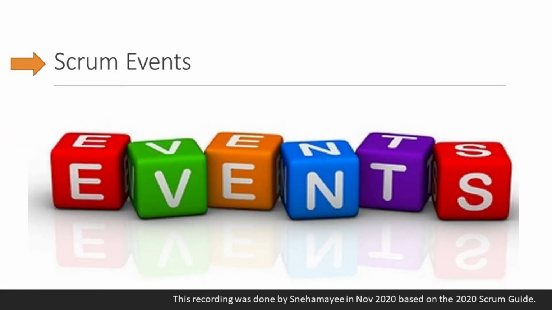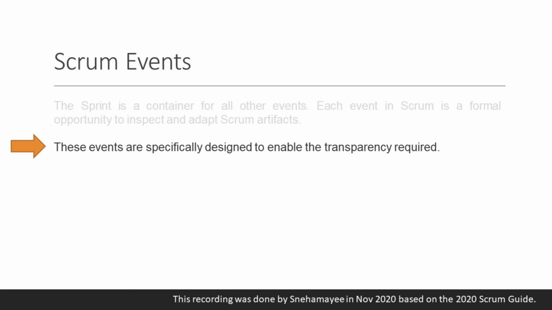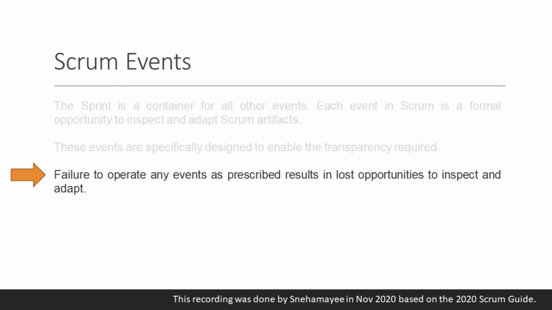Scrum events. The sprint is a container for all other events. Each event in Scrum is a formal opportunity to inspect and adapt Scrum artifacts. These events are specifically designed to enable the transparency required.